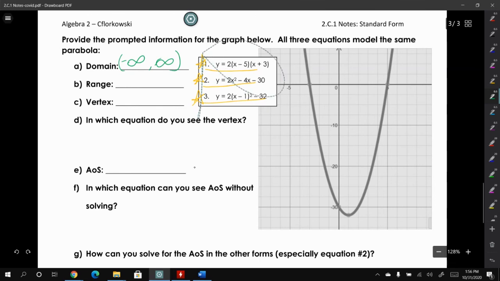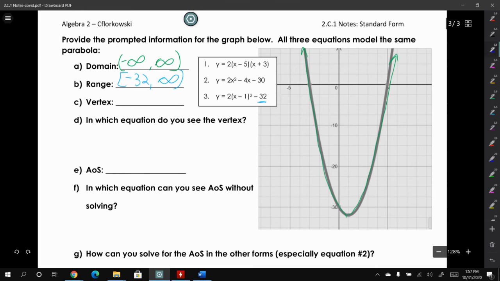Now, when it comes to our range, this quadratic or parabola opens upward. So we want the minimum value. The minimum value is the y coordinate of the vertex, which we use equation number 3. So the range will be -32, comma, infinity.